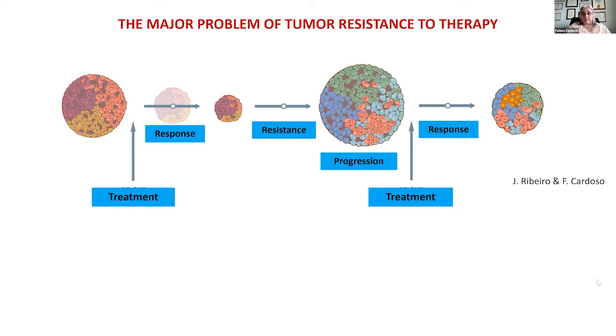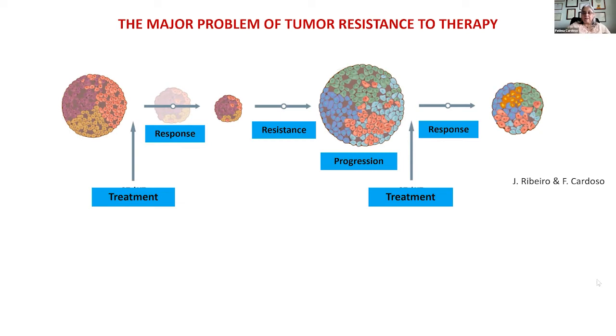So when we give a treatment, in principle, there will be a response, and you see that the tumor becomes smaller. It doesn't disappear, but it does become smaller. And what happens is that with time, the tumor becomes resistant.